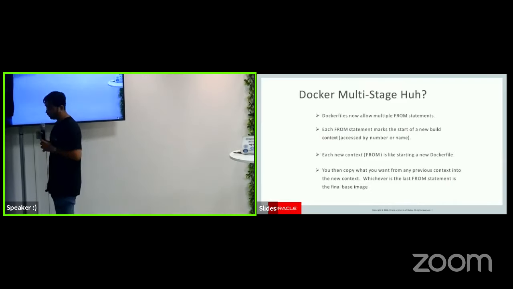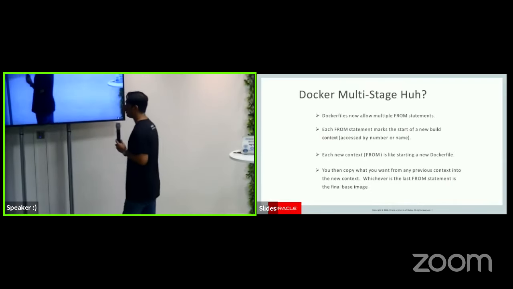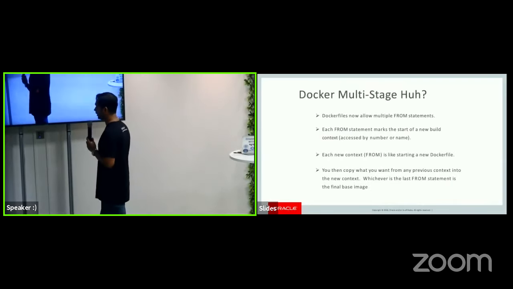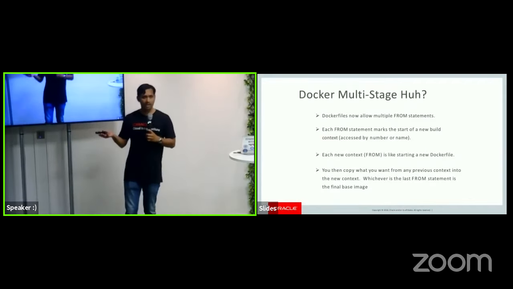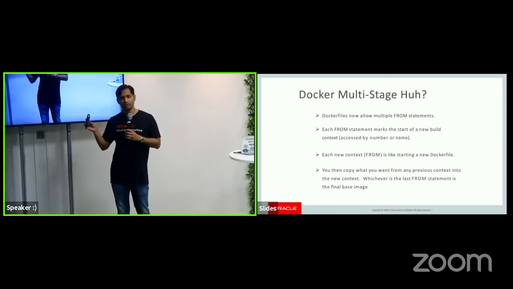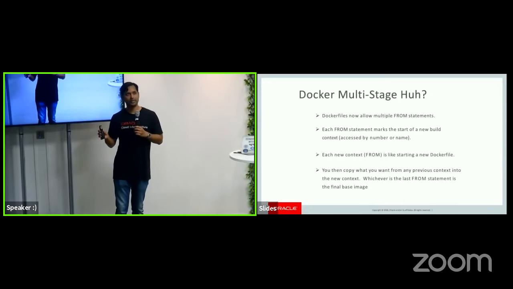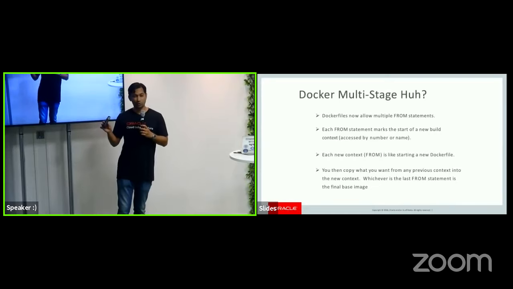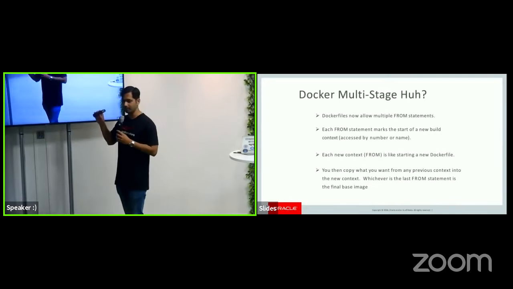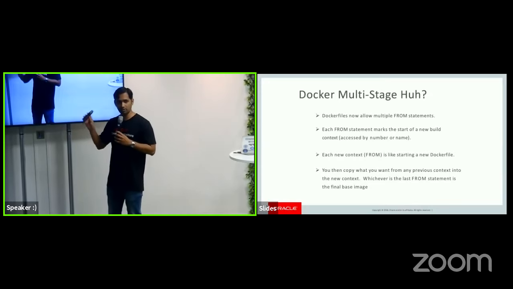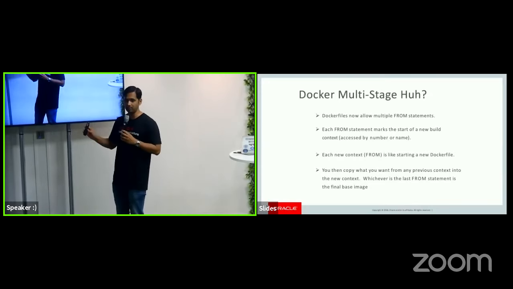Docker multi-stage. So what is that? Docker allows multiple FROM statements. So when was that introduced? Two years back, I think 2017, somewhere around the February to June timeframe. It was merged in a pull request, and then pushed into the 17.05 release.